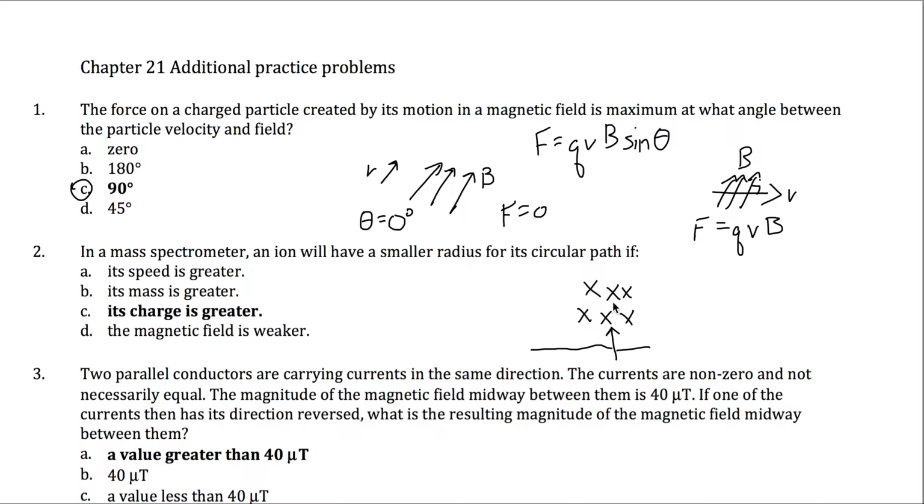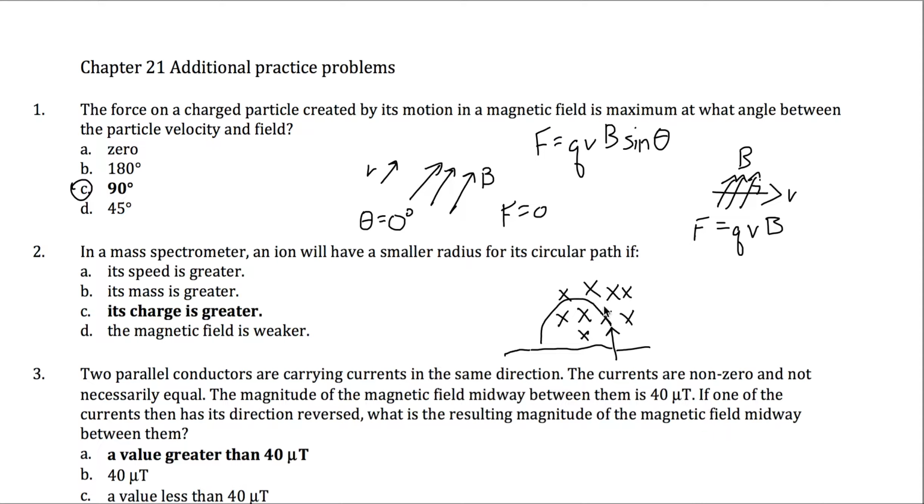But now that they're moving in this external field, they're going to experience some forces. And because they're moving perpendicular to that field, that force will cause them to move in a circle. That force is a centripetal force. It's always perpendicular to the motion, and so it'll cause it to go in a circle.